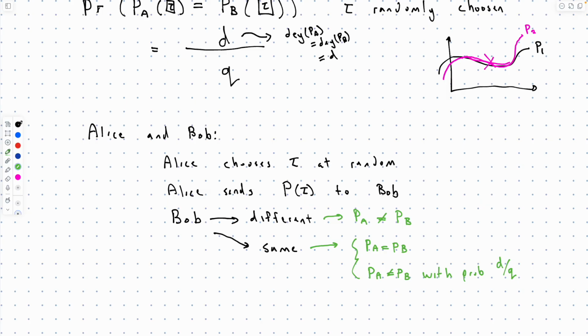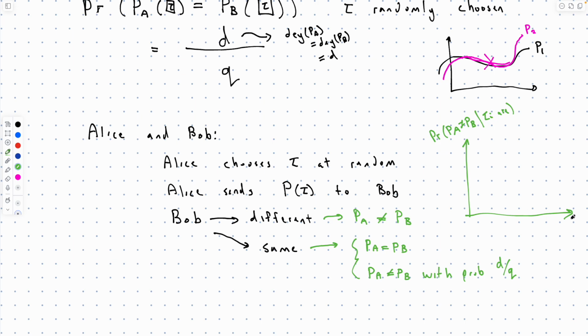You can think of it as a graph. Here's the probability that PA is not equal to PB, but the points are equal, so all the tau values result in the same value.